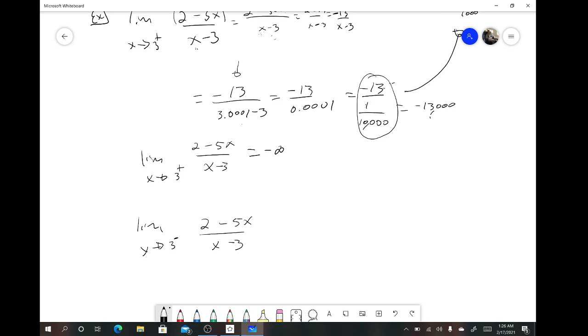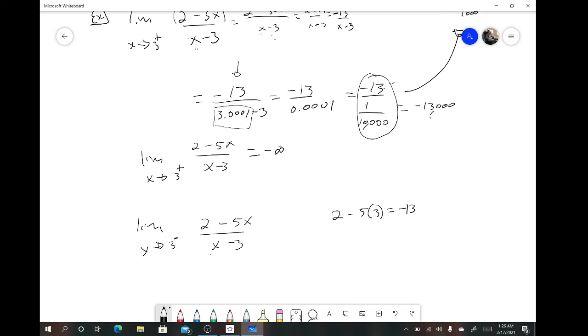Similarly to before, on the top, if we plug in 3, we still get minus 13. But in the denominator, we have a slightly different situation. Before, we were plugging in positive numbers because we were to the right of 3.